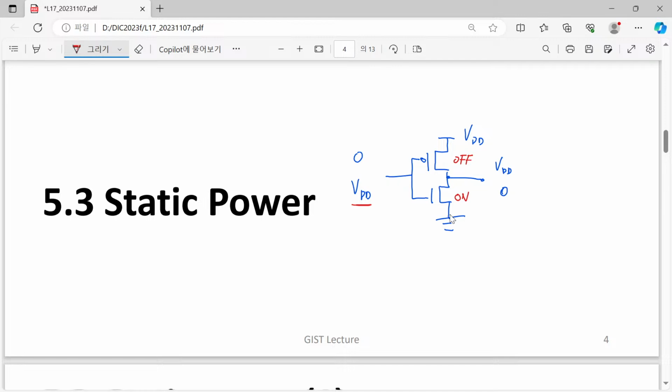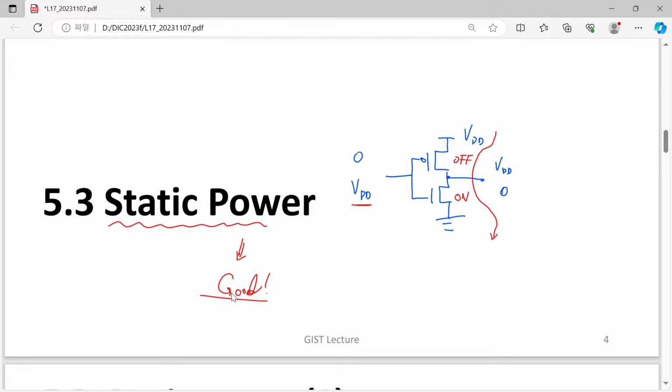So although this N MOSFET is turned on, since P MOSFET is completely off, the current flowing through this current path from VDD to ground vanishes. That is our common discussion about this static power. So really good in terms of static power when we consider CMOS circuit.